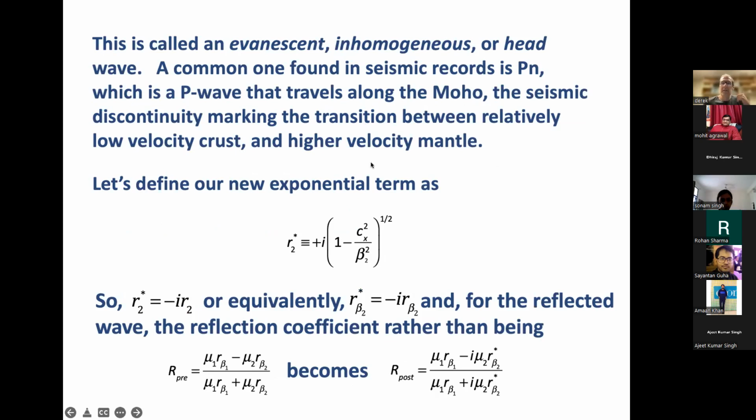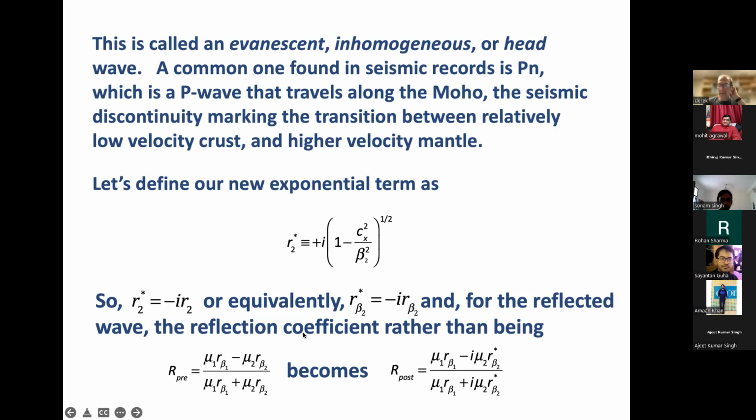So let's define our new exponential term as r sub 2 star, and that equals plus i times the square root of 1 minus c sub x squared over beta sub 2 squared. So r sub 2 star is just equal to minus i r sub 2, or we could also call it r sub beta 2 star equals minus i r sub beta 2. Just to emphasize that we're talking about the shear velocity in the second layer.